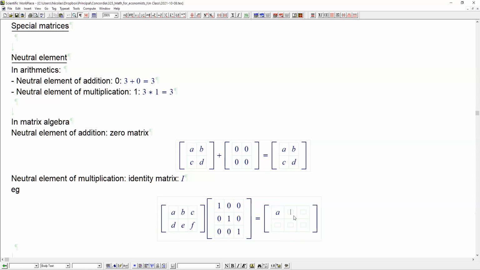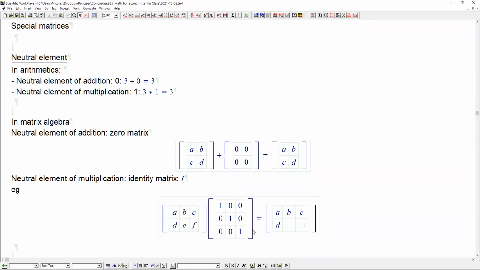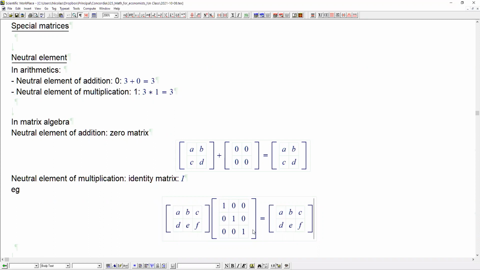So that's B. And third element here, I have A times 0 plus B times 0 plus C times 1. So I have C. This element, D times 1 plus E times 0, F times 0. So that's D. And you see I get E and F. So nothing changed.